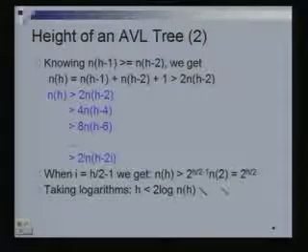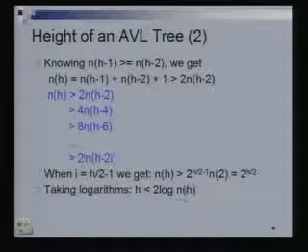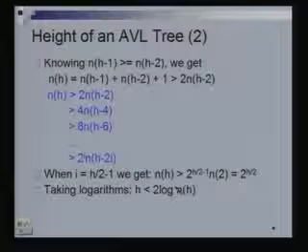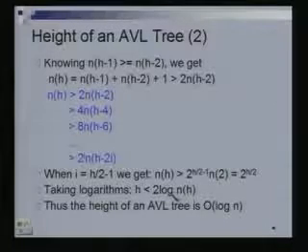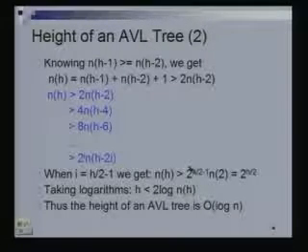So it will also satisfy this relation, because n is only going to be larger than n of h. N of h was this minimum possible number of nodes. So any AVL tree on n nodes has height at most 2 log n from this argument.